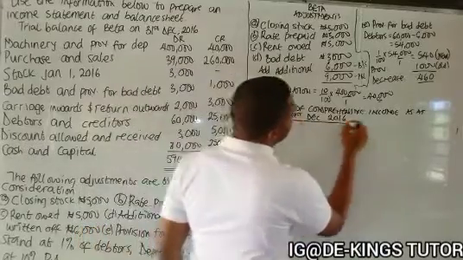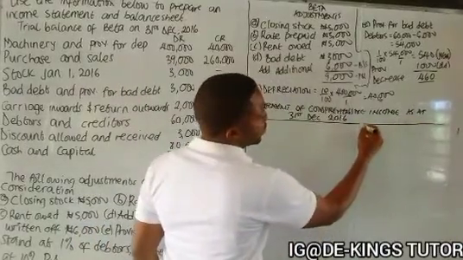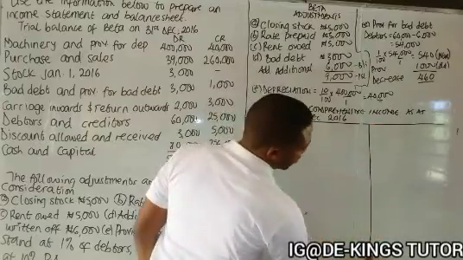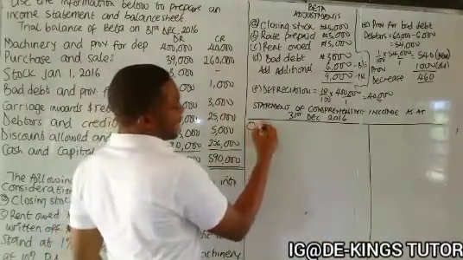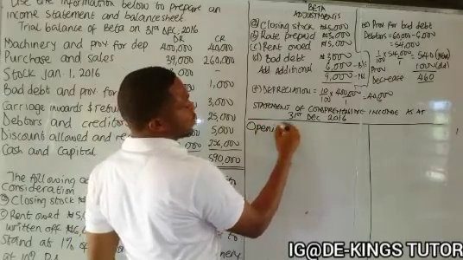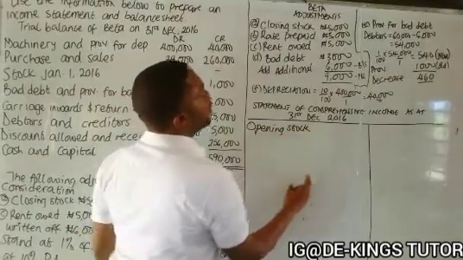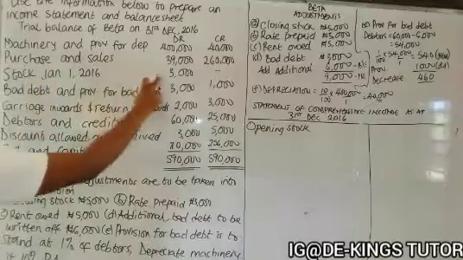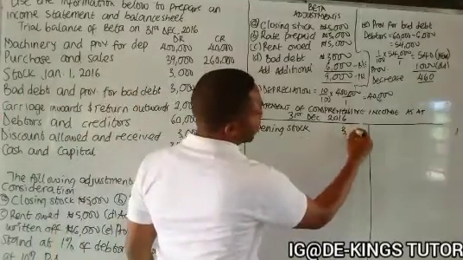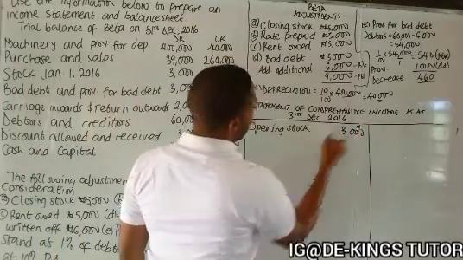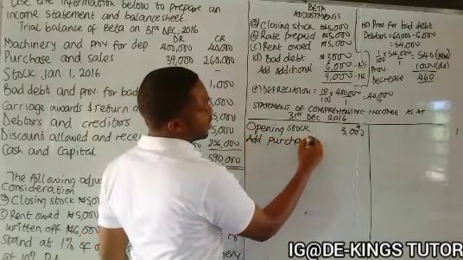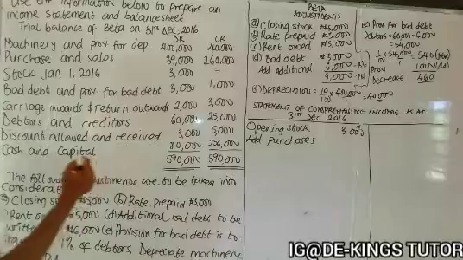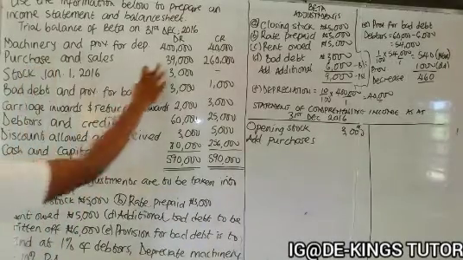So we have our first item there, which is always our opening what? Stock. Opening stock. Look at it here, that's 3,000. Now the next thing, you say add purchases. What is the purchases? 39,000.